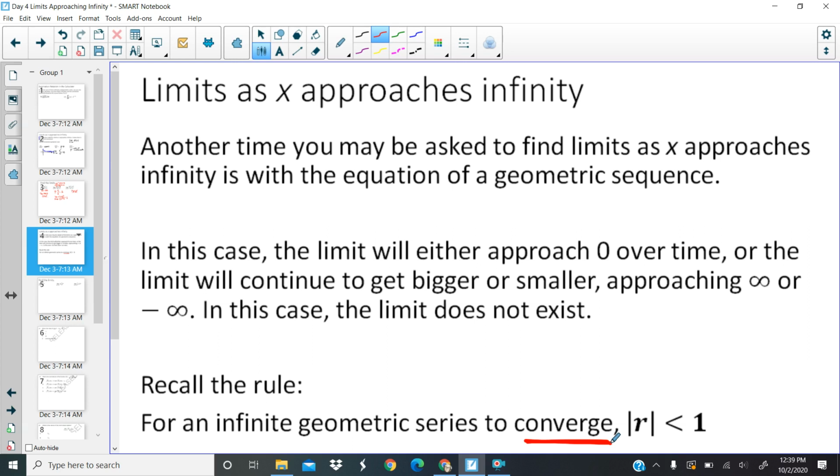That's what it means when you have the absolute value of the ratio. In the case of a geometric sequence, it's either going to approach 0 over time, like the horizontal asymptote in one of the last problems, or the limit is just going to continue to get bigger and bigger or smaller and smaller, approaching either infinity or negative infinity. If it's doing that, then we say the limit does not exist once again.